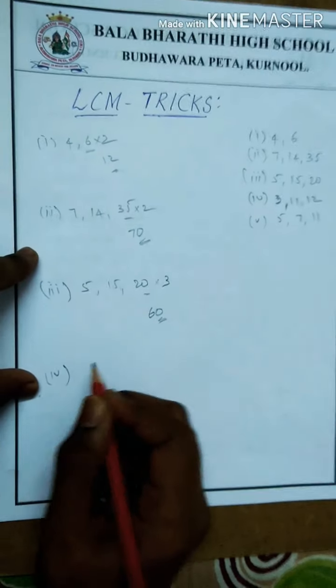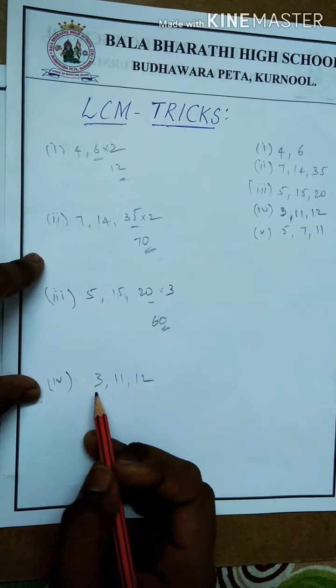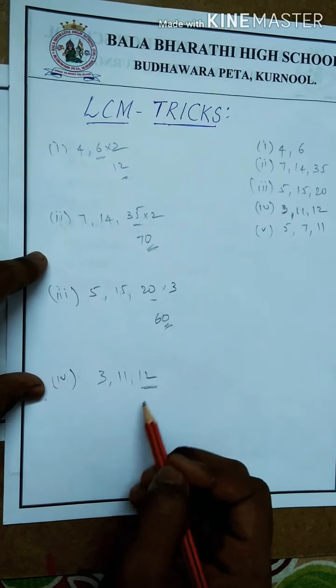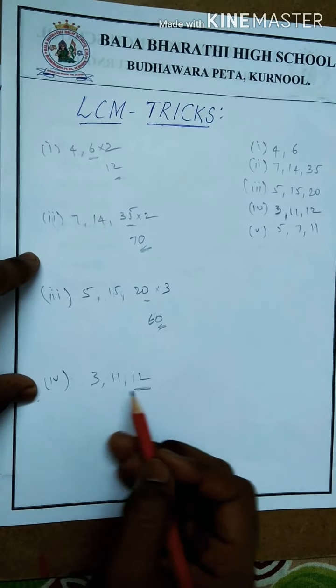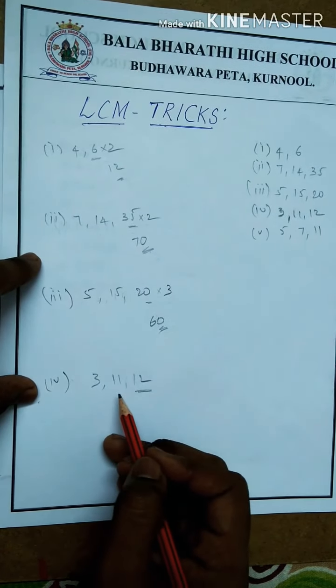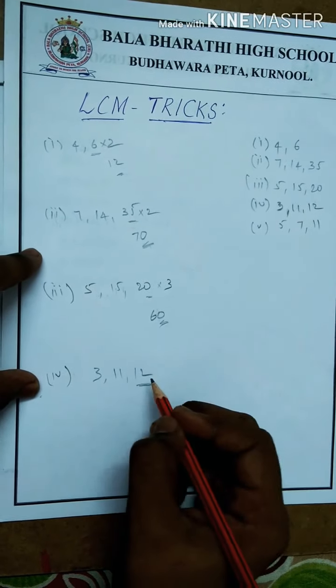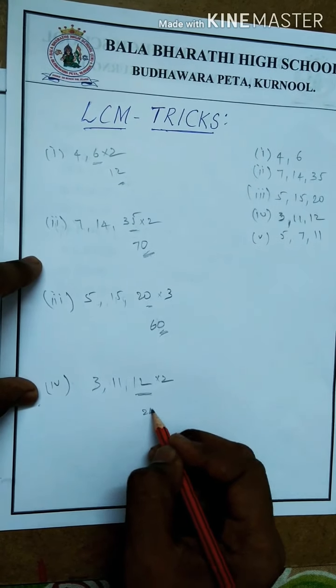Example 4. 3, 11, 12. In these three numbers, which is the highest number or the biggest number? 12. Can 12 be divided by 3? Yes. 3 4s are 12. Can 12 be divided by 11? No. So what we need to do? We need to multiply the highest number with 2. 12 2s are 24.